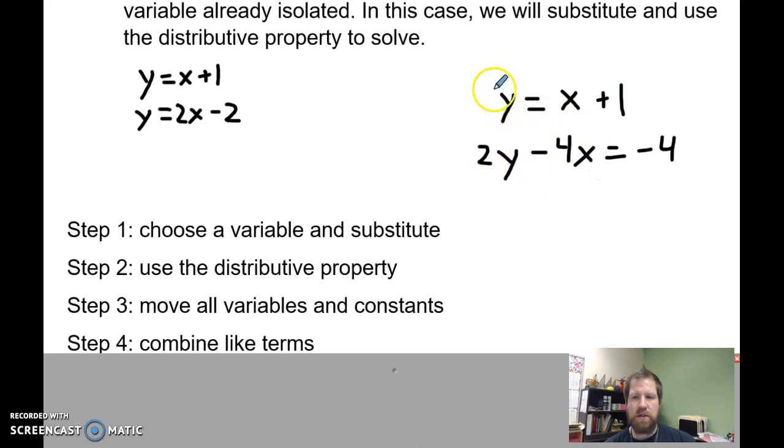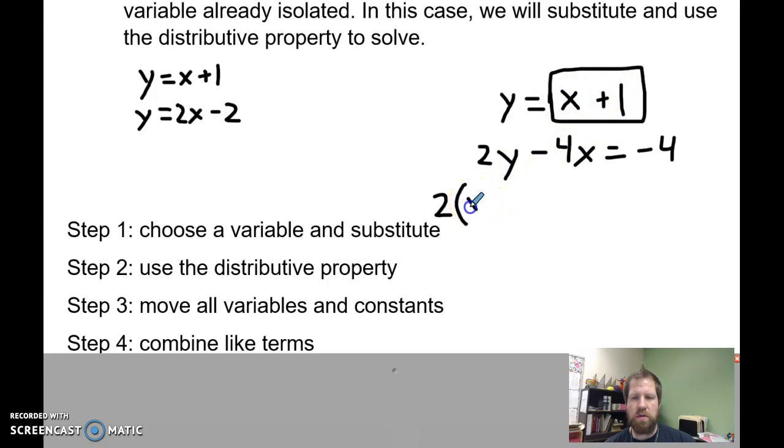We're still going to say x plus 1 is equal to y, so y is still equal to x plus 1. I'm going to rewrite it down here, but I've got this 2, so I've got to put what I'm substituting in parentheses.